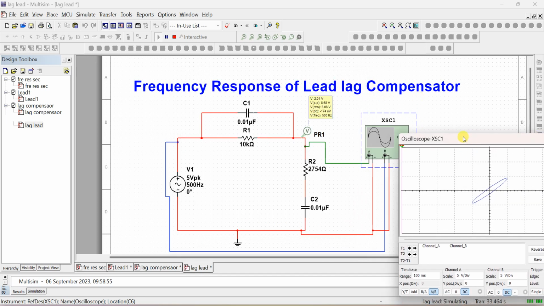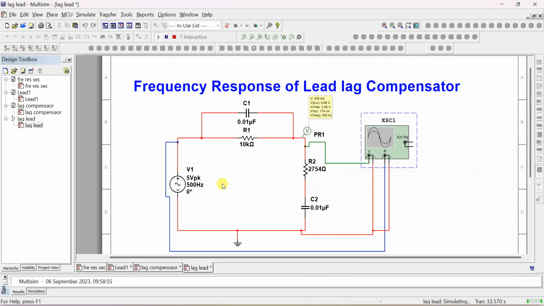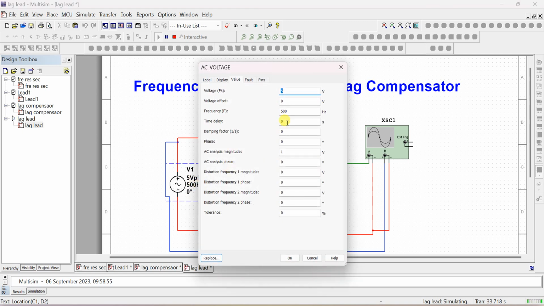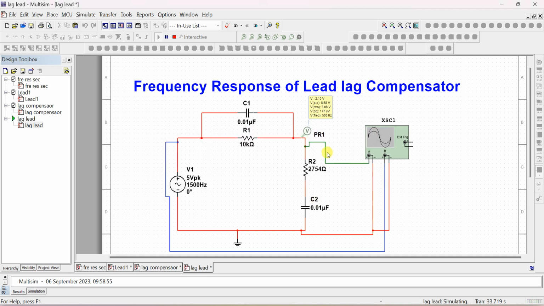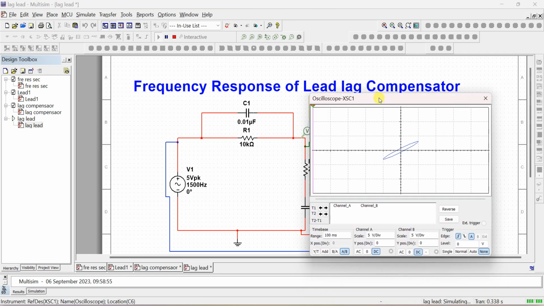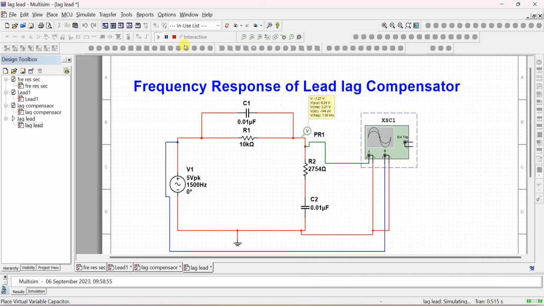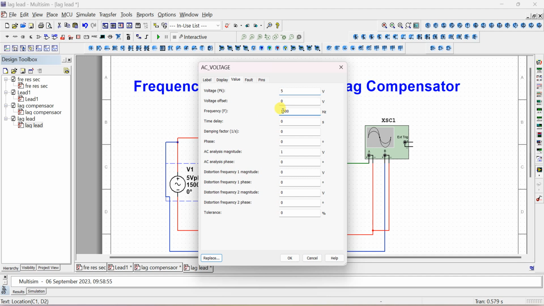Similarly, you change the frequency to some other frequency, for example 1500. Stop and rerun. Once again, double click on this. You're going to get a little bit less. Again, you can change this frequency to maximum frequency, 7,500.